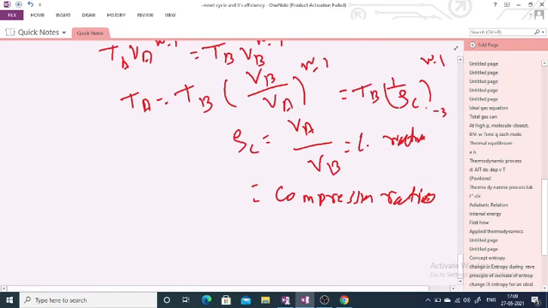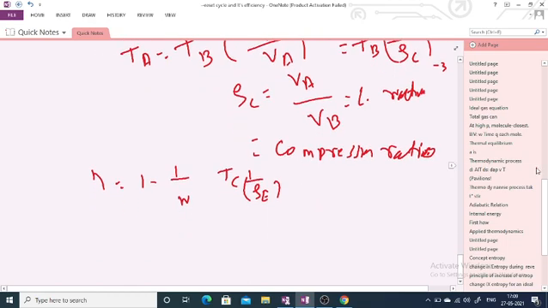So we got efficiency is equal to 1 minus 1 upon gamma, (Td minus Ta), where Td is equal to Tc (1 upon rho E) raised to gamma minus 1.